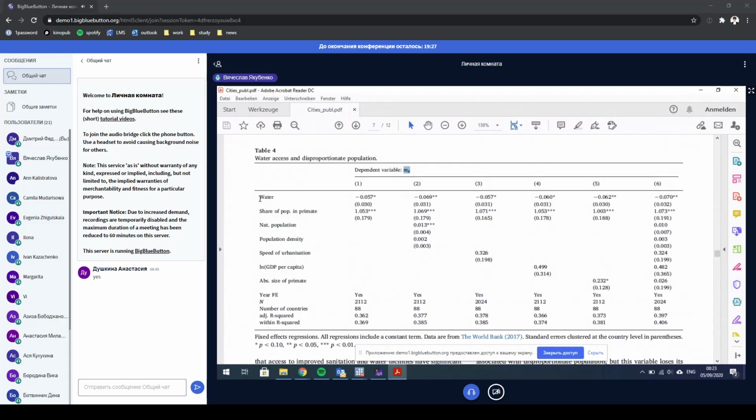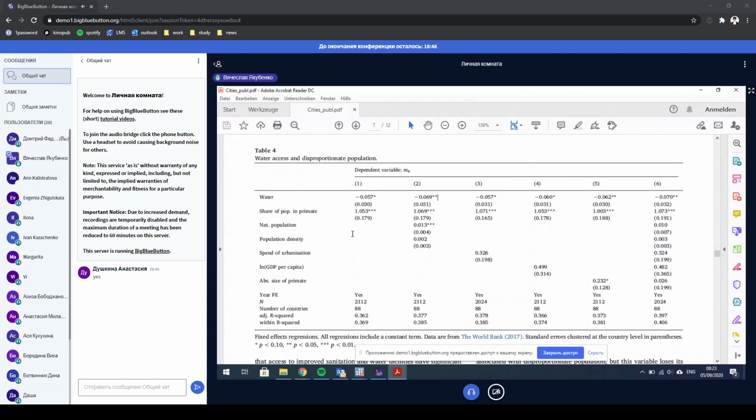In some countries, water is scarce. You cannot just open the tap and drink water, or at least take a shower. You have to find water somewhere. And you see that if more people have access to water, then migration to the capital is lower. This is a negative coefficient. It's not super significant. It's significant at the 90% level, sometimes at 95, but not more.